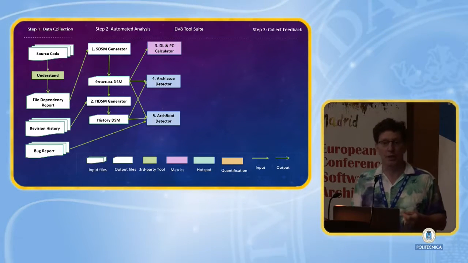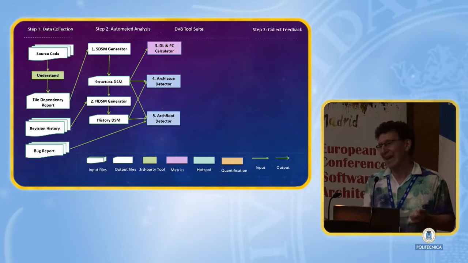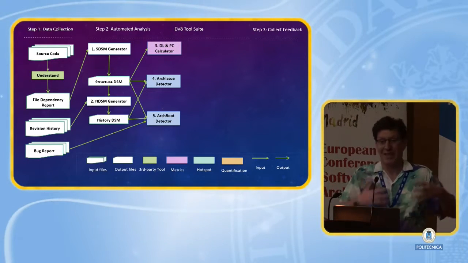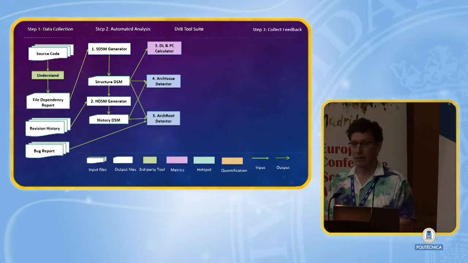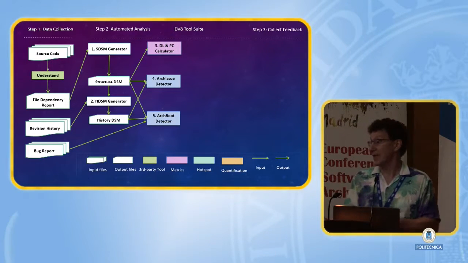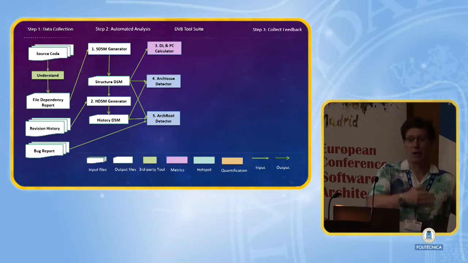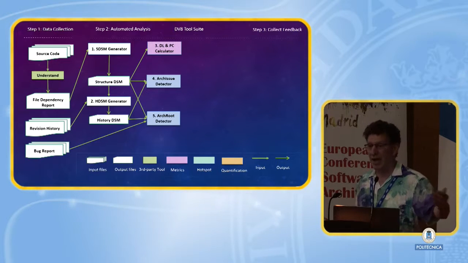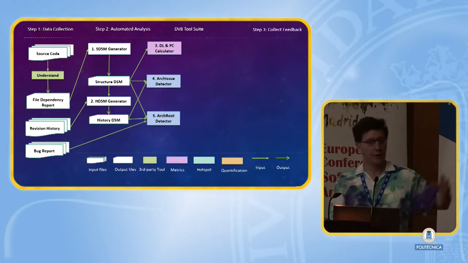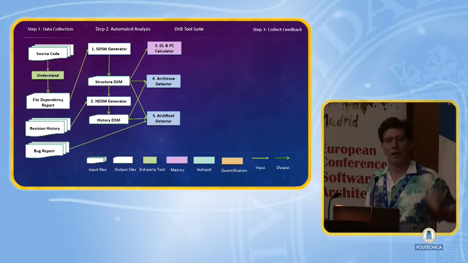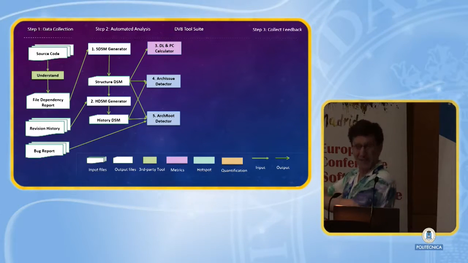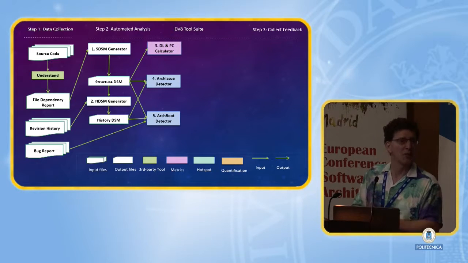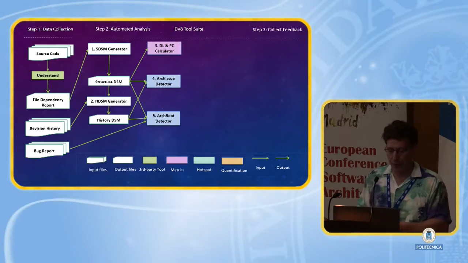For history, we can create a history DSM, what we call an HDSM, which is a design structure matrix that shows you the historical couplings between artifacts. So if, for example, two files are regularly checked in together, you don't know why, you just know. If you look at the revision history of the project, whenever file X is checked in, file Y is checked in. Whenever X is changed, Y needs to be changed as well. There's something going on there. So we call that history dependency.